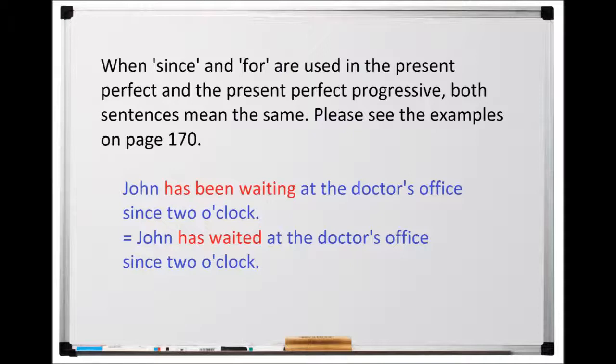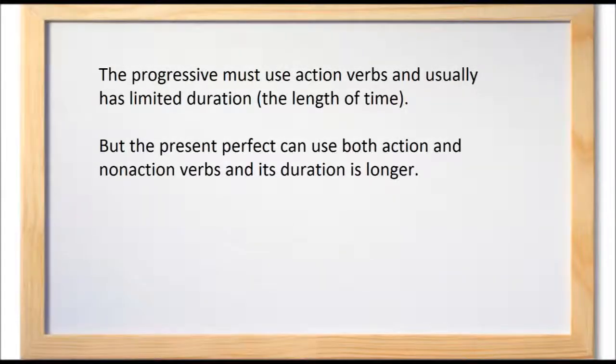Means John has waited at the doctor's office since 2 o'clock. Please turn to page 167. The progressive must use action verbs and usually has limited duration, the length of time. But the present perfect can use both action and non-action verbs, and its duration is longer.